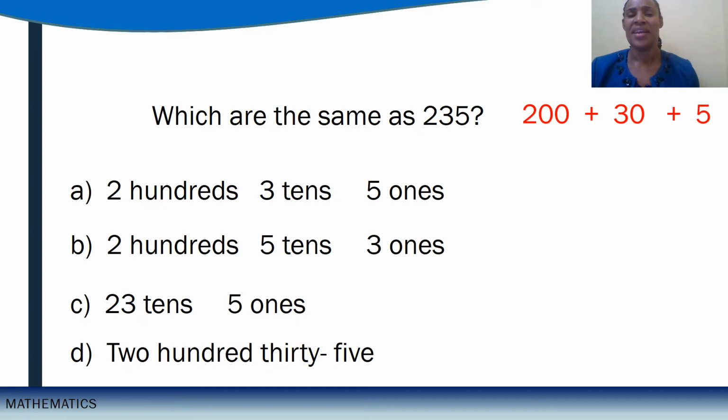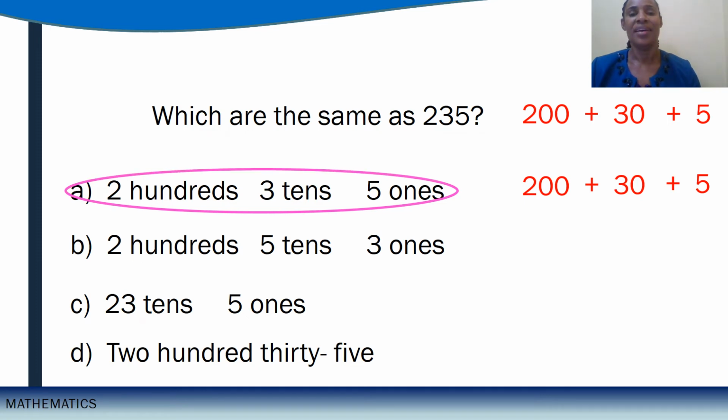Excellent. If you say 2 hundreds is the same as 200, 3 tens is the same as 30, and 5 ones is the same as 5, and 200 added to 30 added to 5 gives us 235. You are correct.